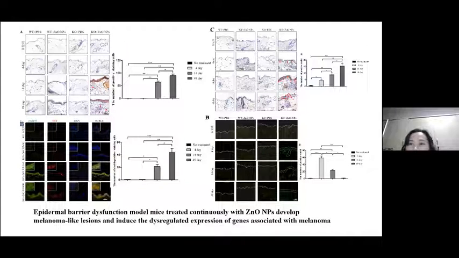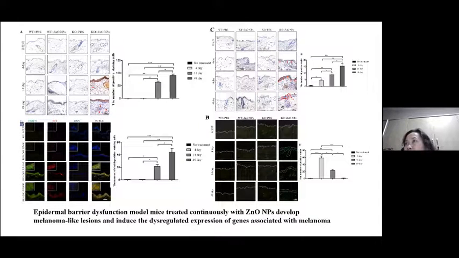And DCT is another biomarker for melanocytes. We can see that after treatment for 2 weeks and 7 weeks, the FKBP51 and DCT double-positive cells are increased.